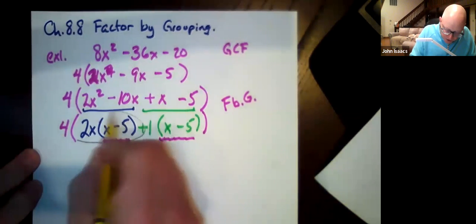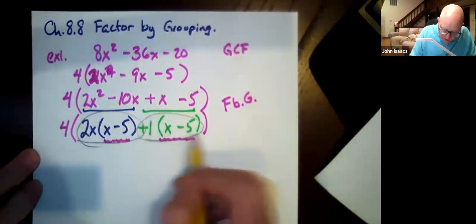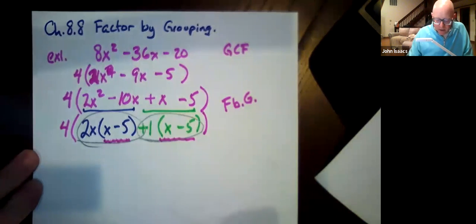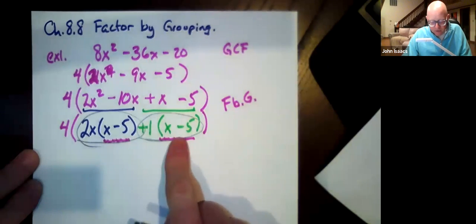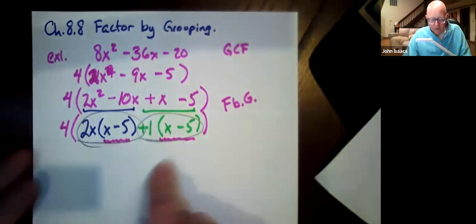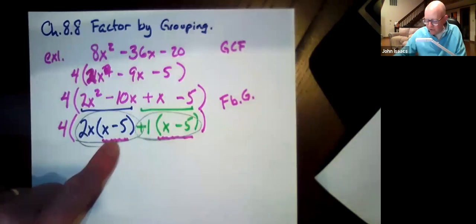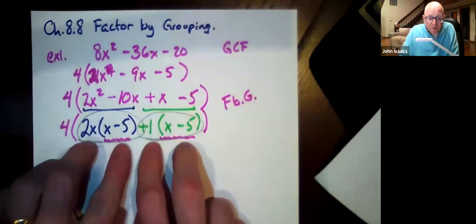This being one term and this being a second term. So what we have here is x minus 5 times 2x. And here we have x minus 5 times 1. So we have x minus 5 as a common factor now between these two sets.